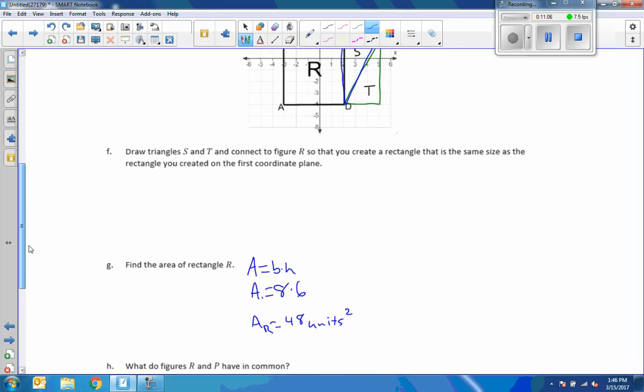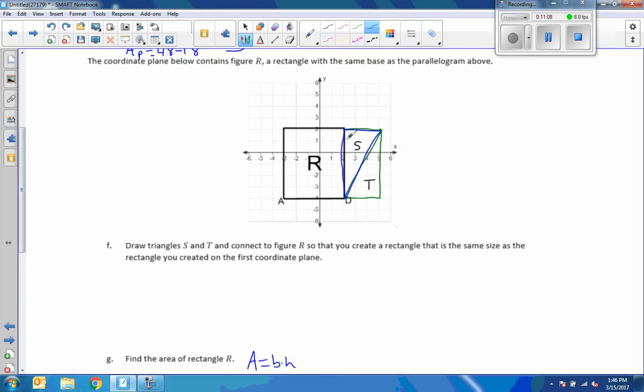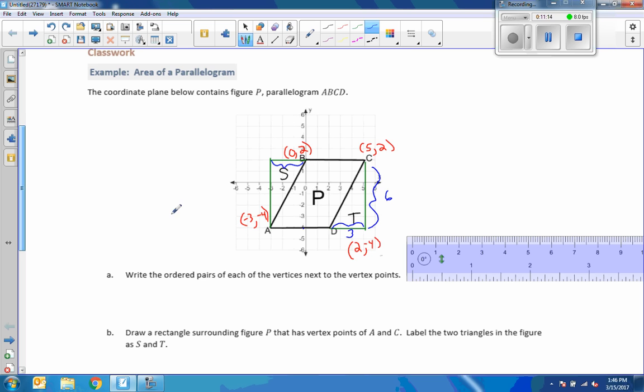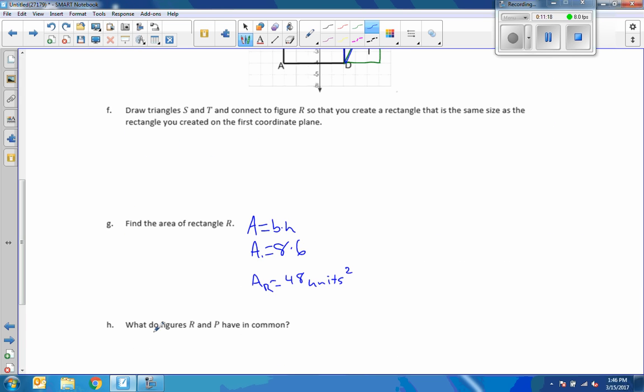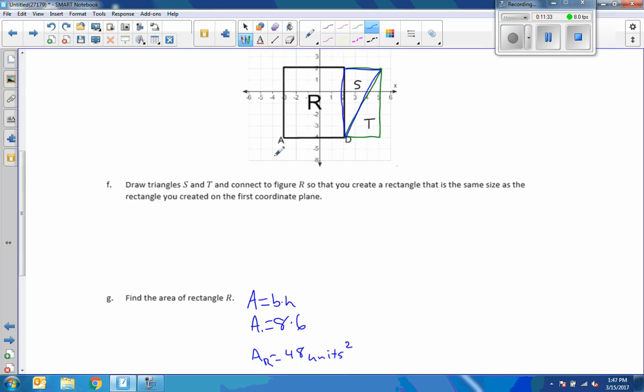What do figures R and P have in common? So here's R, and here's P. What do they have in common? I would say they have the same base of, the base is 1, 2, 3, 4, 5.